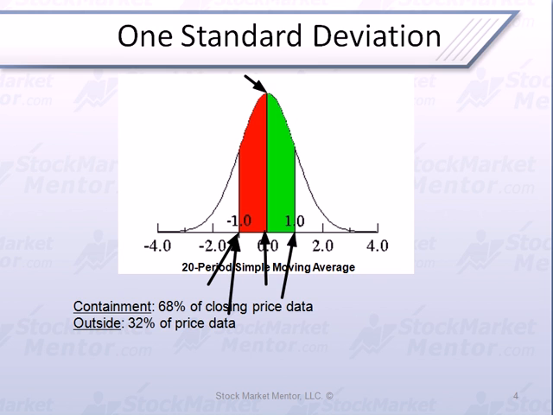Well, if you just have one standard deviation, you're ultimately going to contain only about 68, we'll call it 70%, of the closing price data. So there's going to be prices that are outside the bands quite a ways, frankly, to a point where they really don't do you much good.